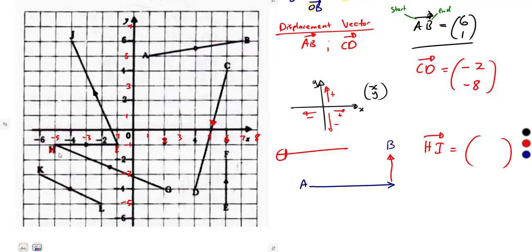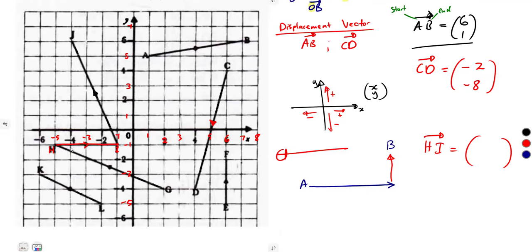Remember, is the movement in the X. So from H, we are going to move straight to I like that. But are we going to move from that point I going up or down? No, there's no movement in the Y-axis, but there's a movement in the X-axis.